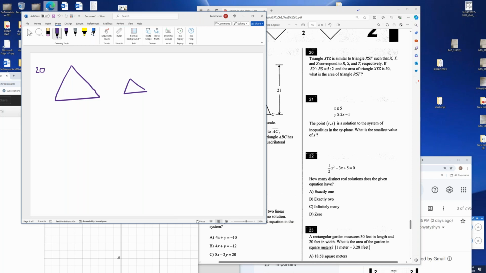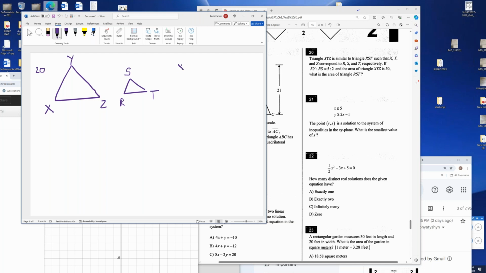Okay, and they name it triangle XYZ, and corresponding is RST.